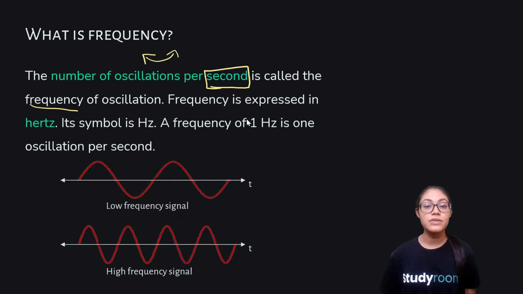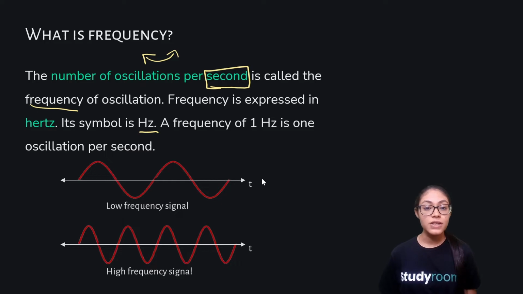Now, this frequency is expressed in hertz. Its symbol is Hz. So, the unit is hertz. A frequency of 1 hertz is one oscillation per second. That means it's making one to or fro movement. That is one oscillation per second.